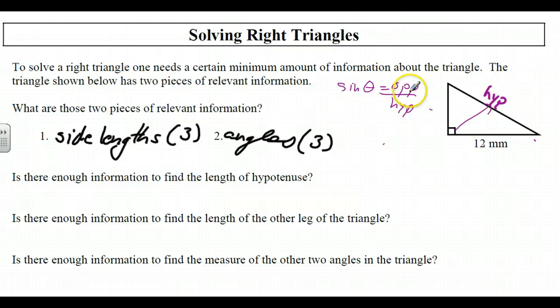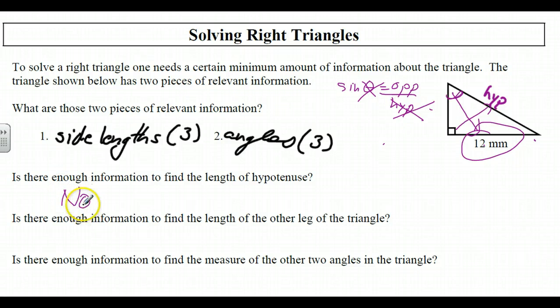So we don't have enough information to find the hypotenuse, because if this was the side opposite this angle, then we could say we've got opposite, but we don't know hypotenuse, we don't know the angle, so we cannot solve for this. So is there enough information to find the length of the hypotenuse?